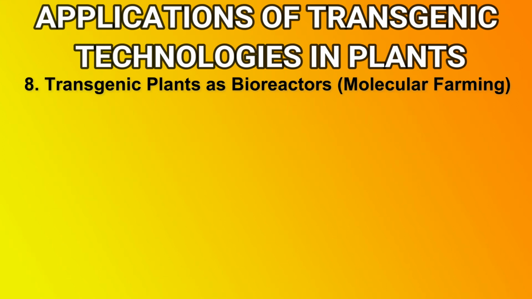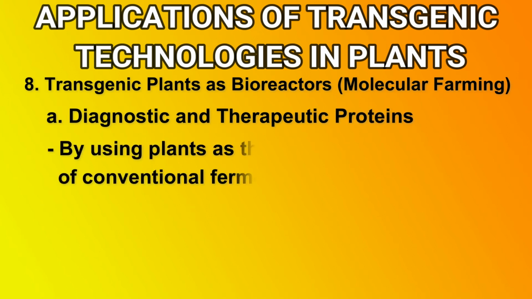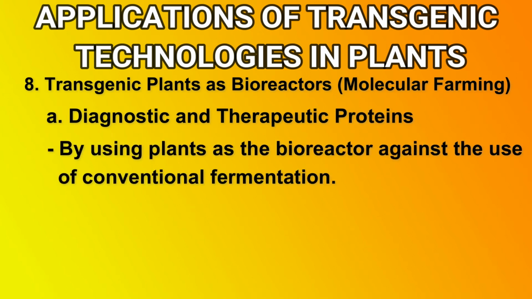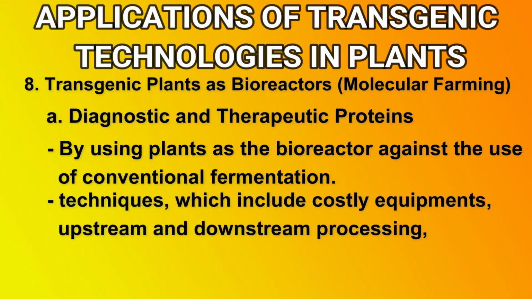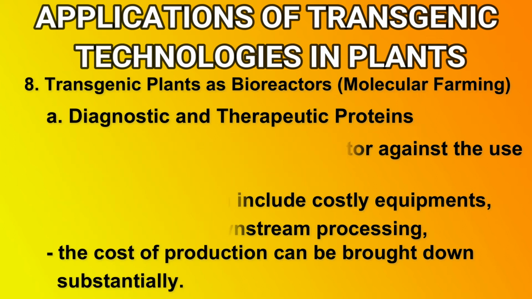Some examples are diagnostic and therapeutic proteins. By using plants as a bioreactor instead of conventional fermentation techniques, which include costly equipment and upstream and downstream processing, the cost of production can be brought down substantially.